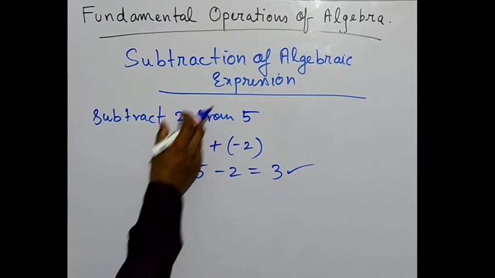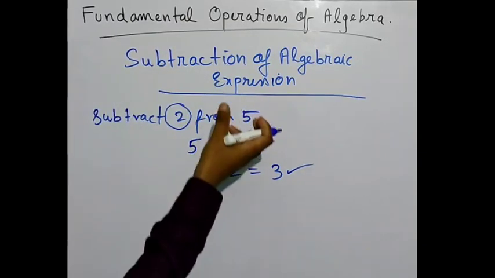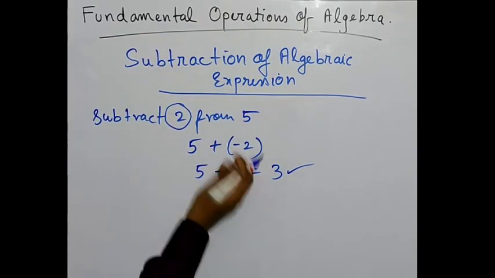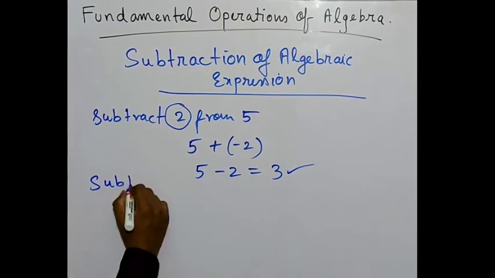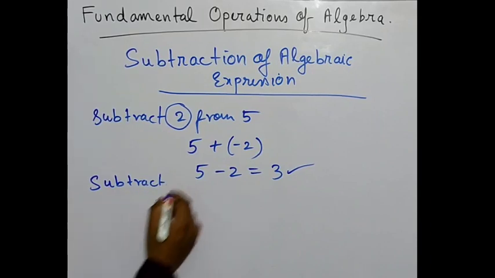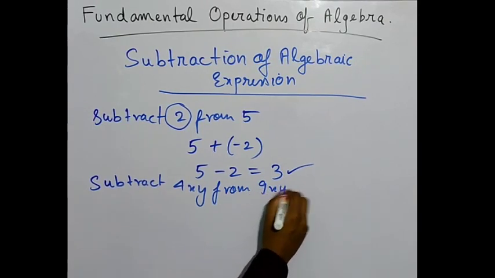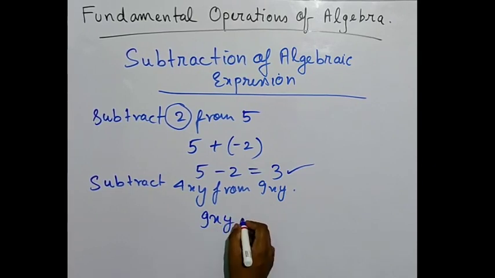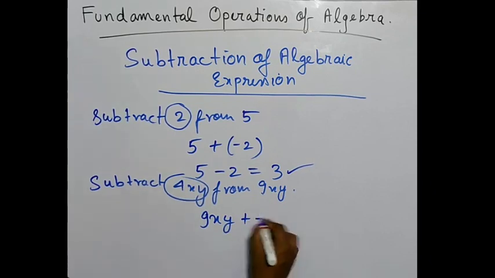So what did we do when we were asked to subtract positive 2 from 5? The number that was asked to be subtracted, we changed it to the opposite sign. So positive 2 became negative 2 and we added it to 5. Now if it is written subtract 4xy from 9xy, you will add the opposite of positive 4xy, that is negative 4xy, right?